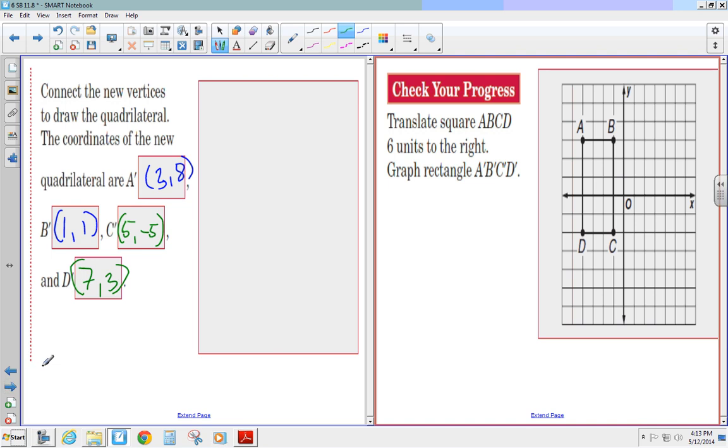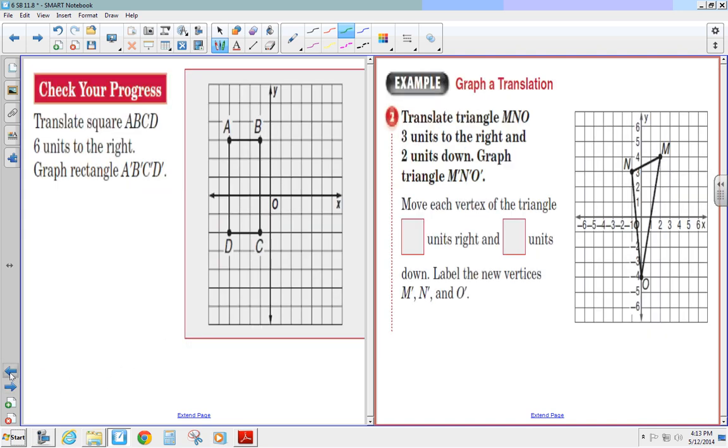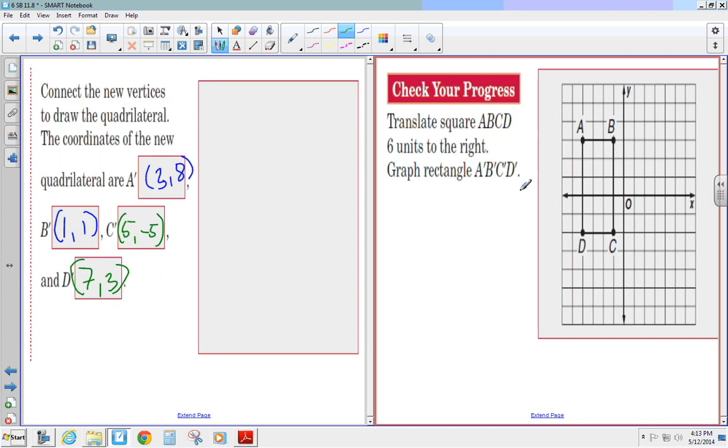All right, let's check our progress. Translate square ABCD 6 units to the right, and then graph it. Well, that means A shifted to the right 1, 2, 3, 4, 5, 6. This is the new A. The new B, 1 through 6, right here.